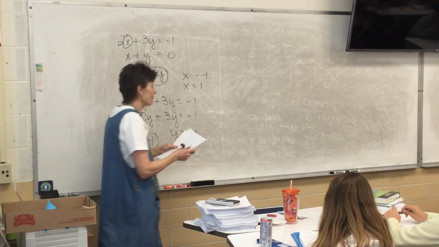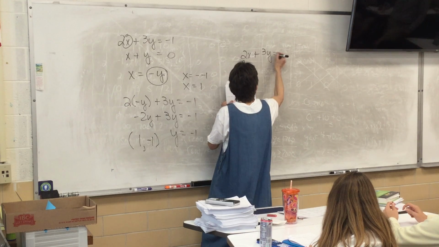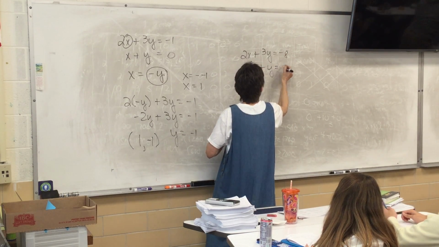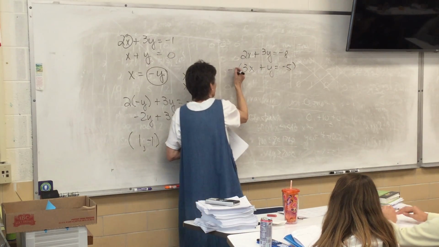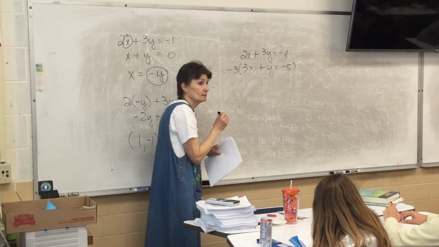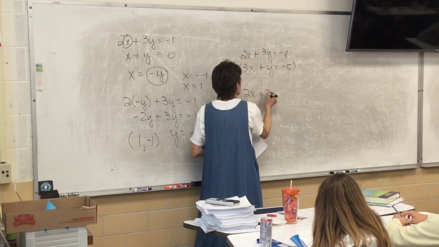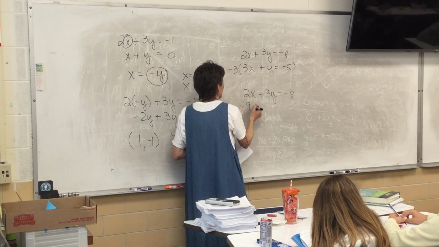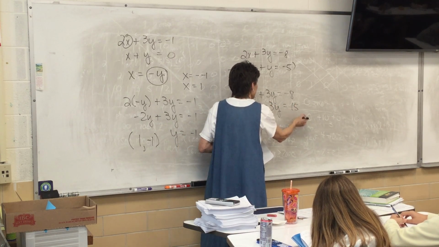All right, elimination. How does this work? What am I going to do here? I heard somebody say multiply the bottom by -3. If I do that, let's see what happens. I have -9x minus 3y equals 15.